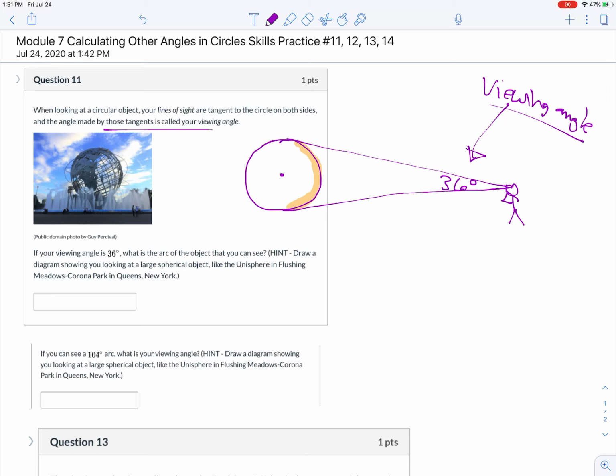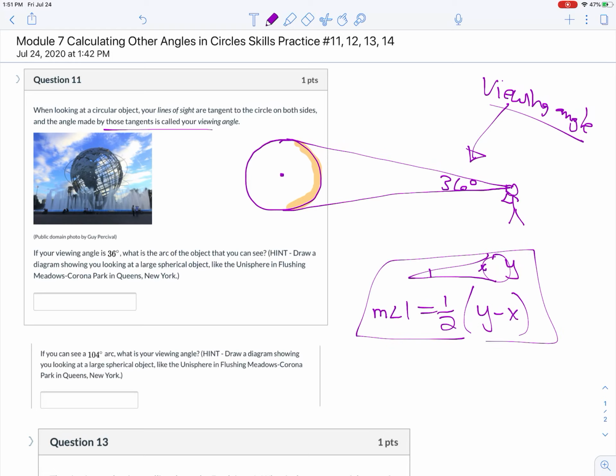So I thought a lot about this, and you could use that equation that the measure of angle 1 is 1/2 the difference, y minus x, if this was the picture. If this is arc y and this is arc x, here's angle 1.